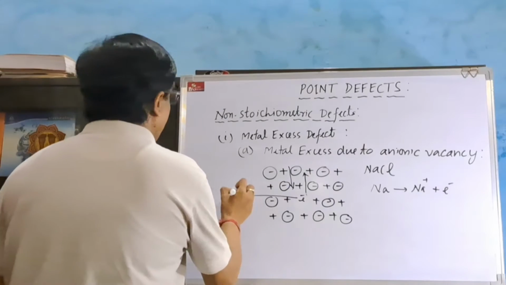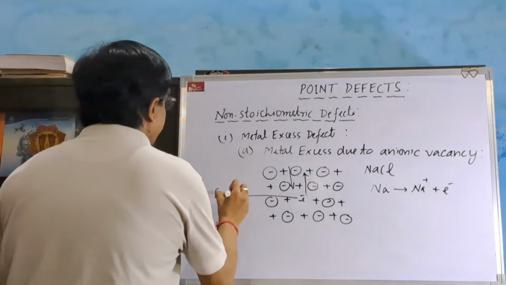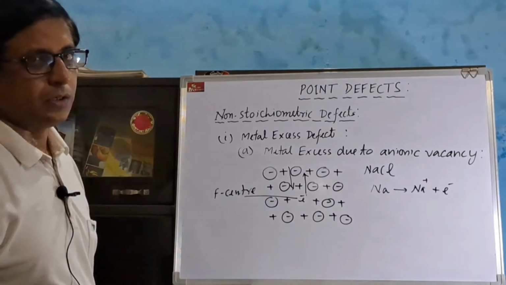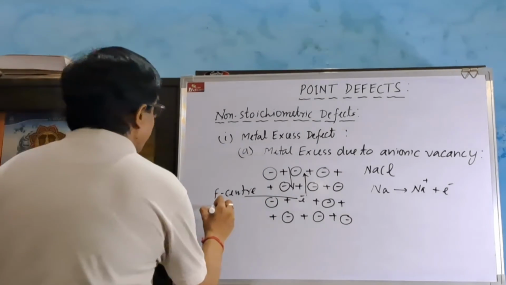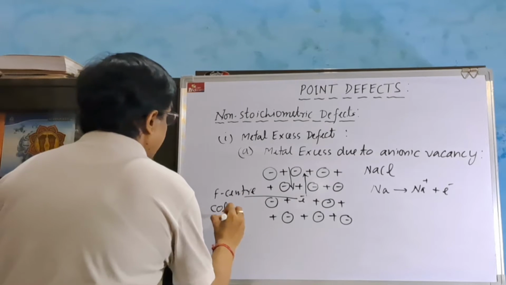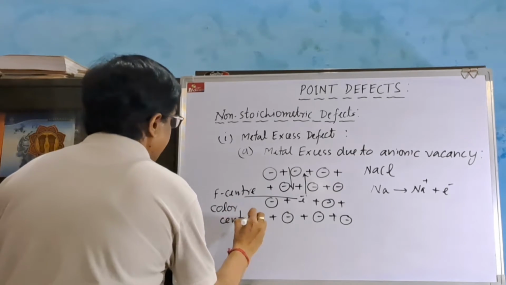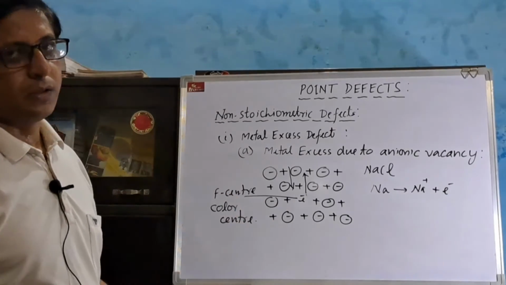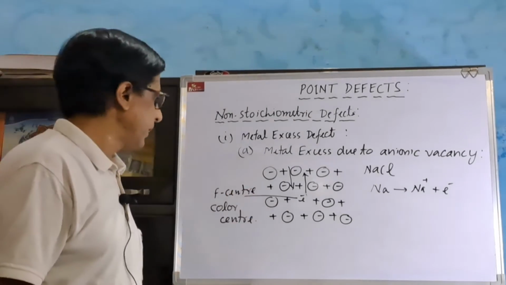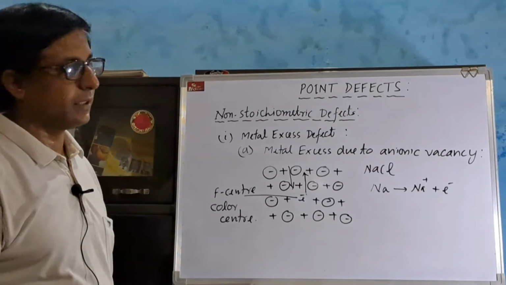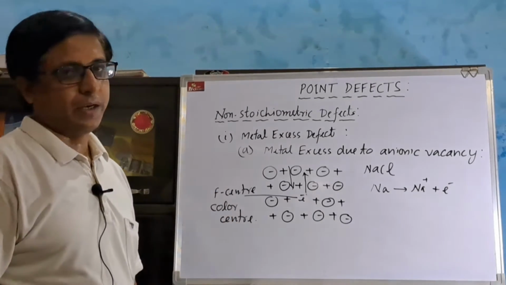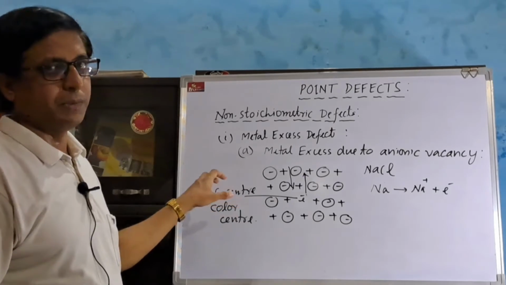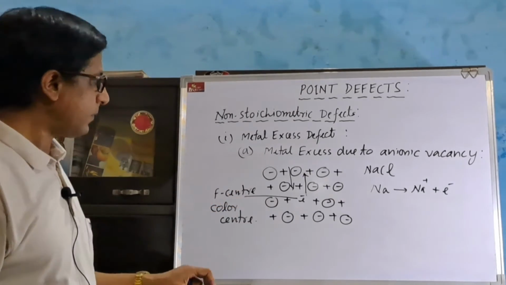This center is called the F center or color center. Since this center is responsible for the color of sodium chloride, it is known as color center. F is a short form of the German word Farbe, which means color.